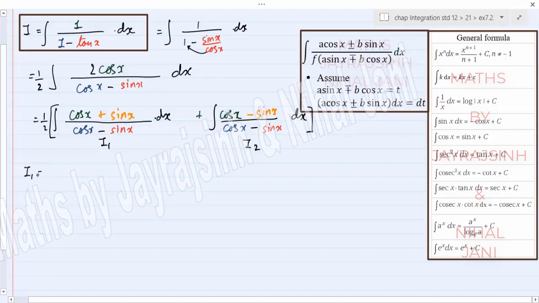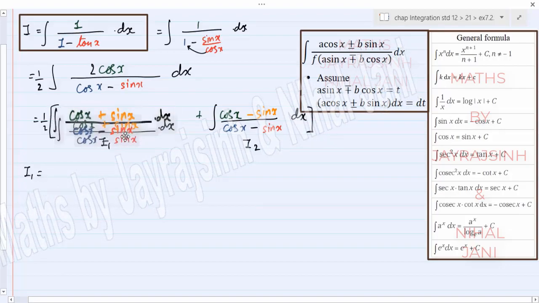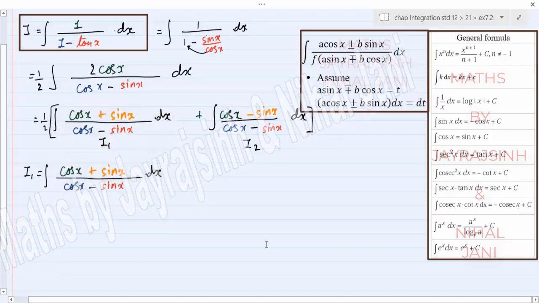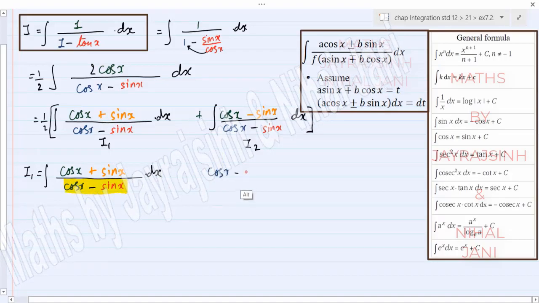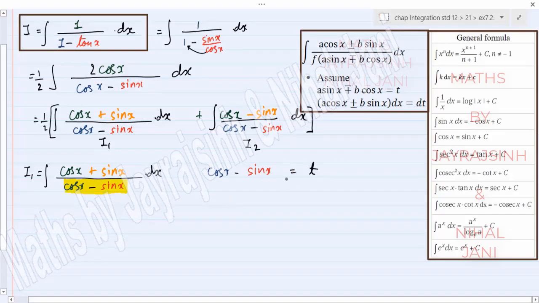So first of all, let's try to integrate our first integration. To integrate this term, we have to assume cos x minus sin x as t. So let's take cos x minus sin x as a new variable t.